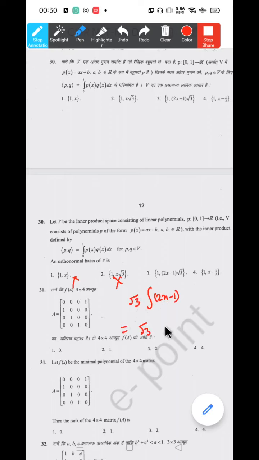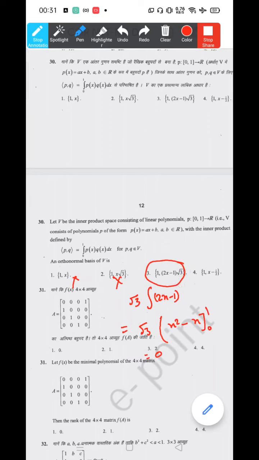Root 3 into this will become x square minus x from 0 to 1, and if I put 1 or 0, in both cases the answer is going to be 0. So this is orthogonal. First condition is okay.